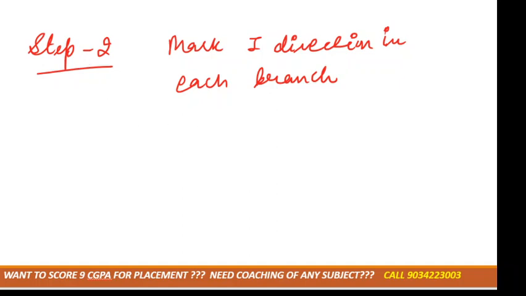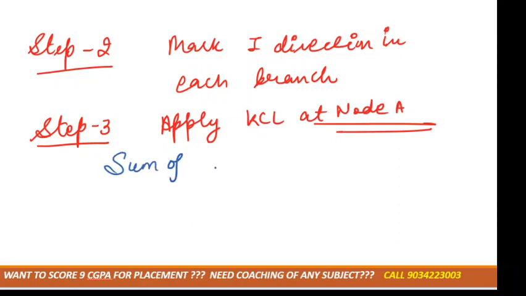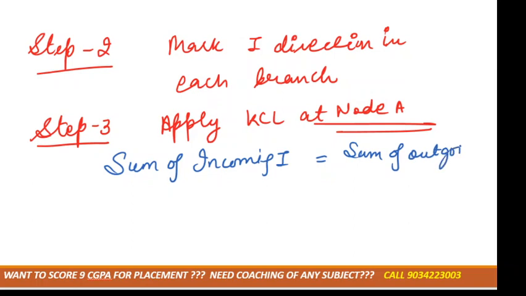Step number 2 is completed. Now in step number 3, we have to apply KCL at node A. I told you the statement of KCL: the sum of incoming current must be equal to the sum of outgoing current, right?